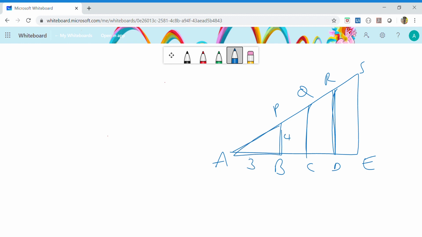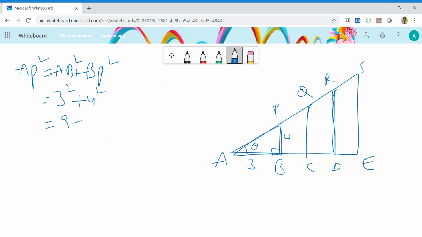Automatically by Pythagoras theorem, this is 90 degrees and theta is always here. So AP square is equal to AB square plus BP square. 3 square plus 4 square is 9 plus 16 is 25, and AP is root 25, which is 5 units.